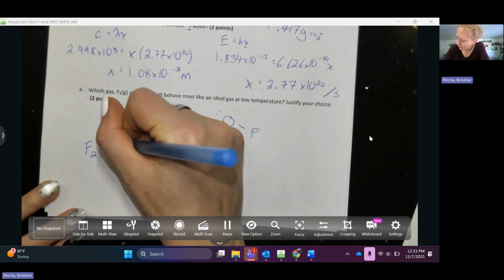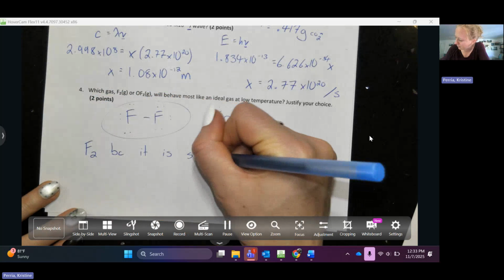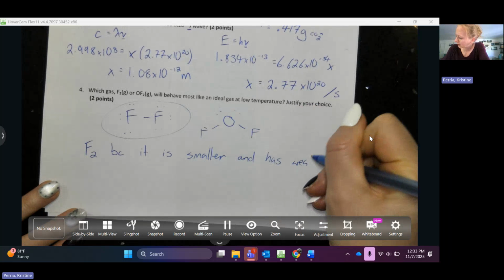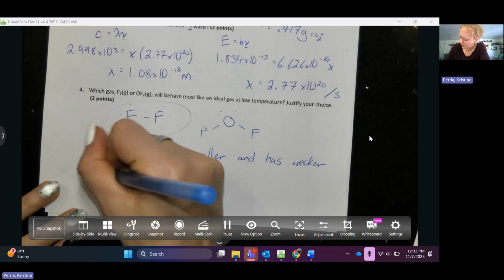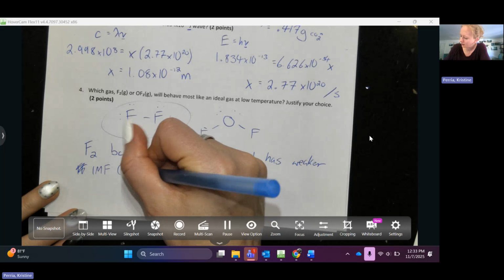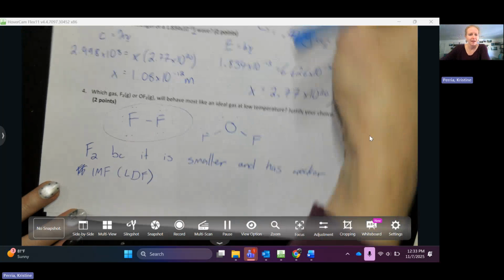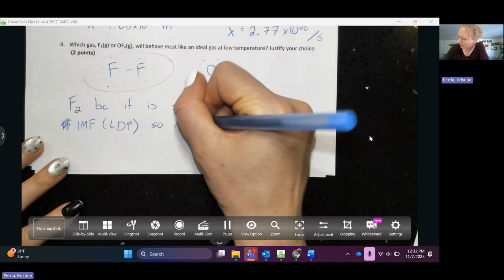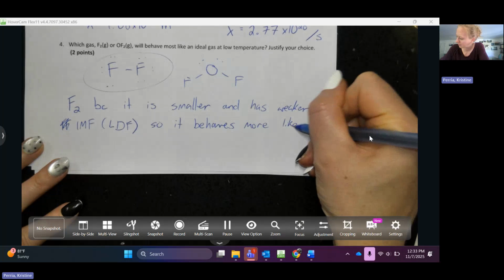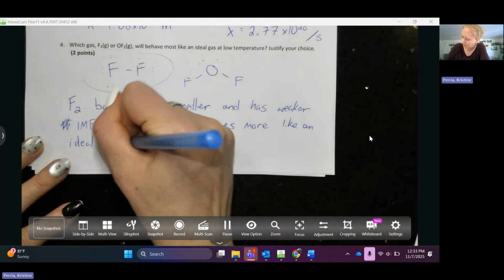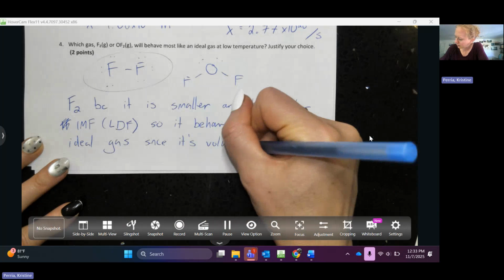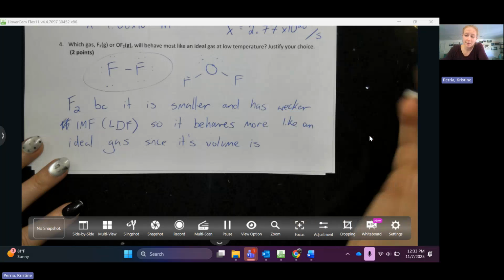So the correct answer is F2 because it is smaller and has weaker intermolecular forces. Okay, it only has London dispersion forces. Okay. So it behaves more like an ideal gas, since its volume, you can say negligible is a common word to use.